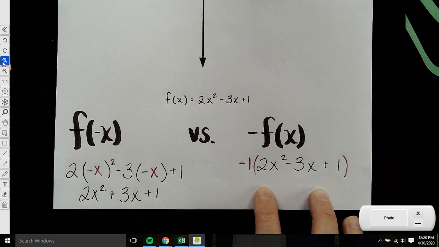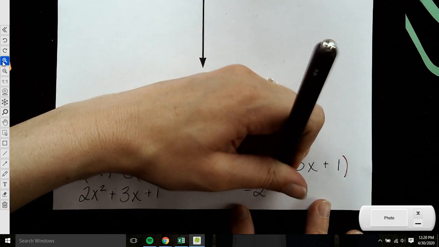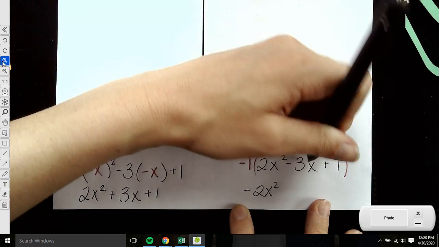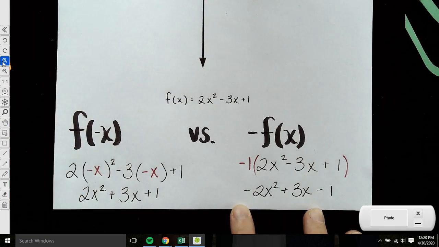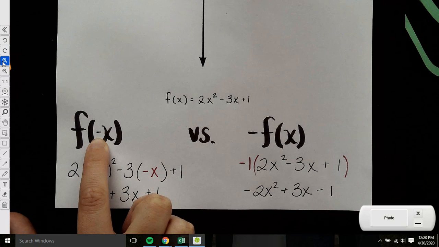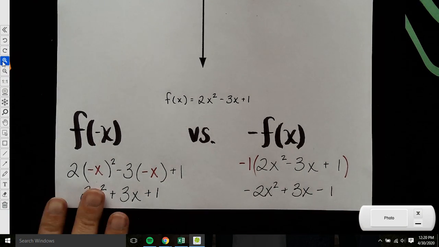Over here, if I distribute this negative 1, I have negative 2x squared plus 3x minus 1. So notice how f of negative x got me a different answer than negative f of x. And that's all based on where you apply the negative.